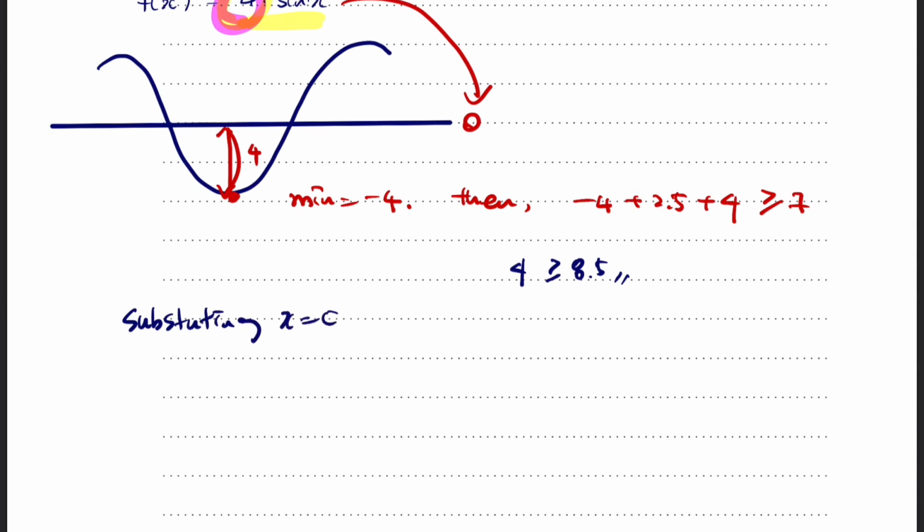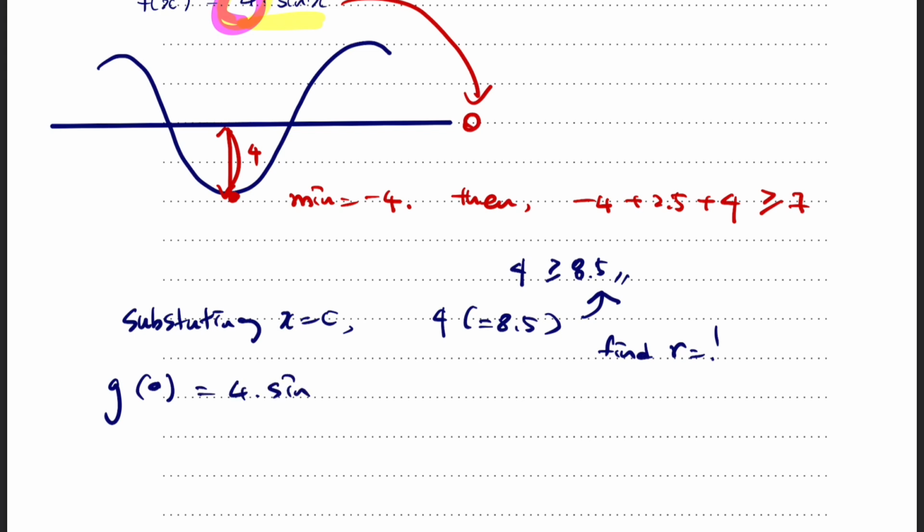Then substituting x equals 0 and the q value that equals 8.5 from the previous question, we can find this unknown r, right? Then we know that g of 0 is equal to 4 times sine of 0 minus 3 pi over 2, plus 2.5 plus 8.5, and that is equal to r.